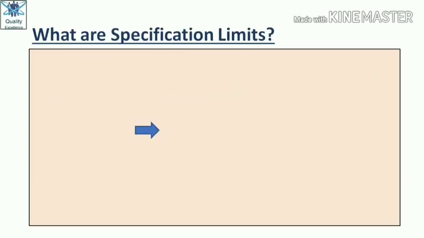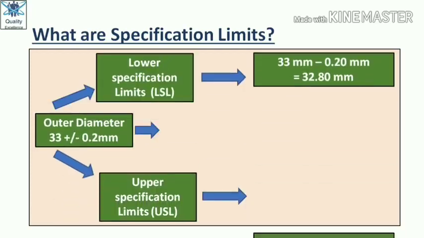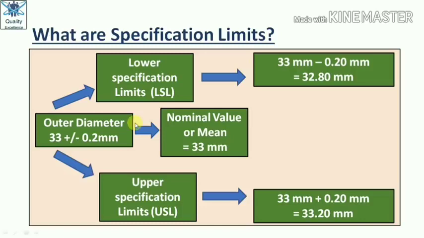Now let us know what are specification limits. In the example which we have taken, the outer diameter requirement is 33 mm plus or minus 0.2 mm. So in this case, the lower specification limit will be 33 mm minus 0.2 mm, which is 32.8 mm.